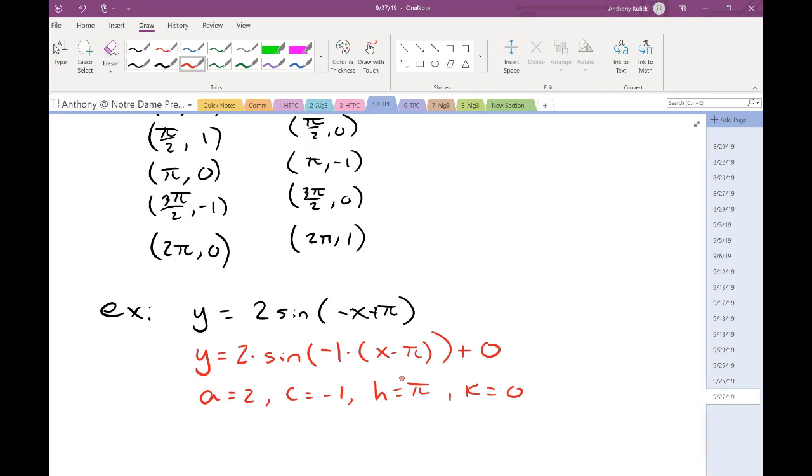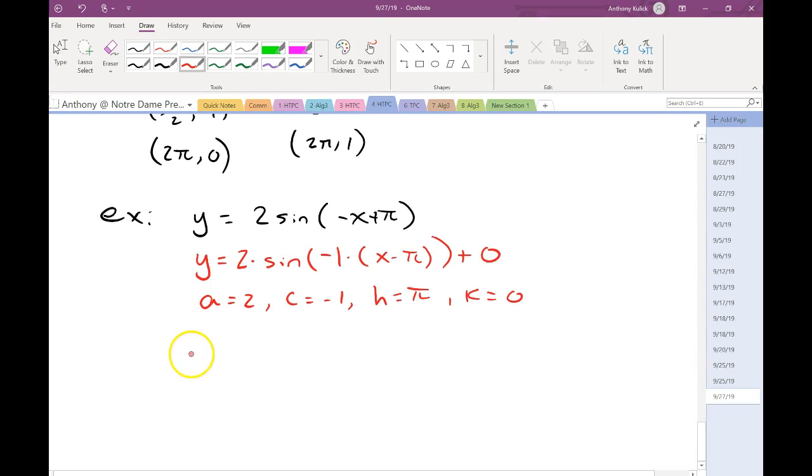Everybody happy with what I've done there? Nothing sneaky. Just figured out my A, H, and K. You don't even have to write the intermediate version that I wrote down there. I just wrote it down so that it was clear where I got the values for A, H, and K from. All right. So what I'll do now is I'm going to write my transformation map.